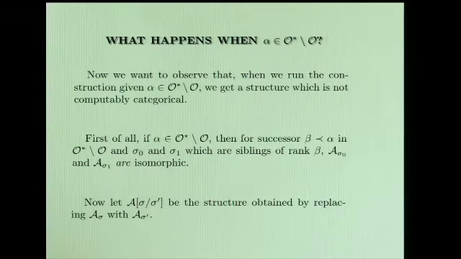Ignoring the successors, for beta less than alpha in O star and not in O, siblings of rank beta actually are isomorphic, because you can use the existence of an infinite descending sequence below beta to build the isomorphism. And a little bit of notation: A sigma stroke sigma prime is the structure you get by replacing what's above sigma with what's above sigma prime.